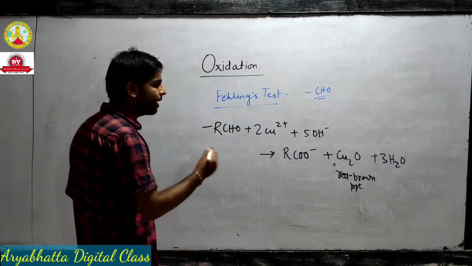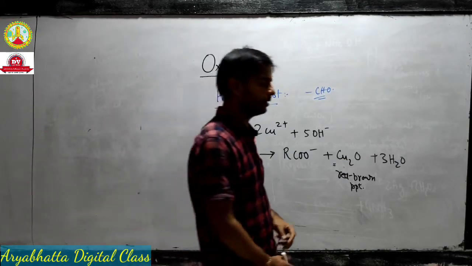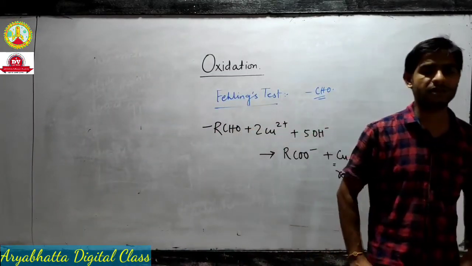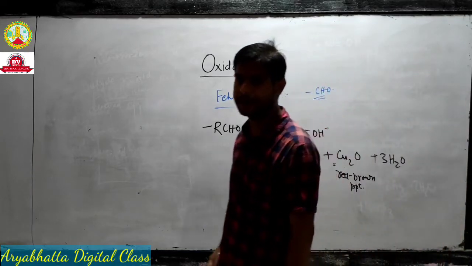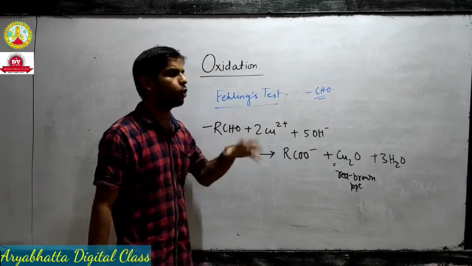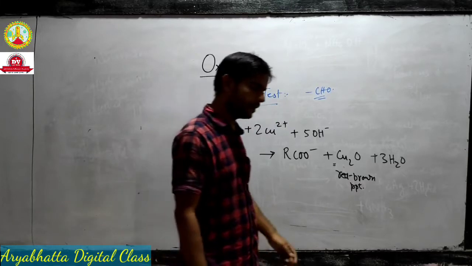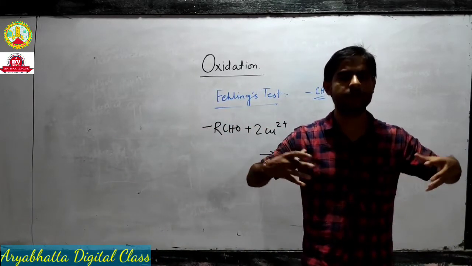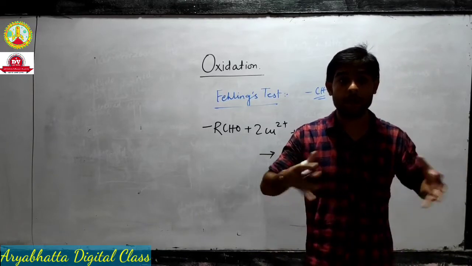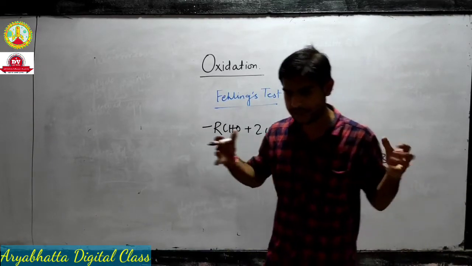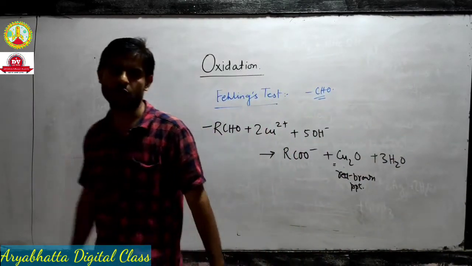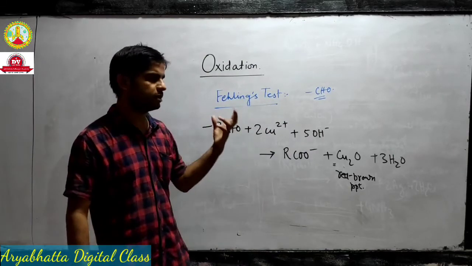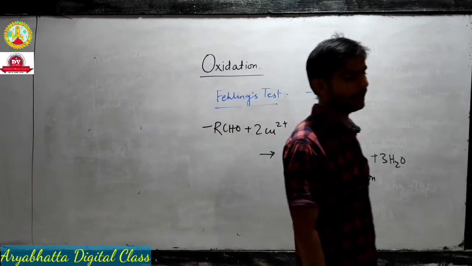And see why we get the Fehling test and Tollens test positive for aldehyde: because it is easier to oxidize aldehyde. It's difficult to oxidize ketone. We have seen that when we oxidize ketone, it gives us a mixture of acids, because it's difficult to oxidize it, and it's very easy to oxidize aldehyde.